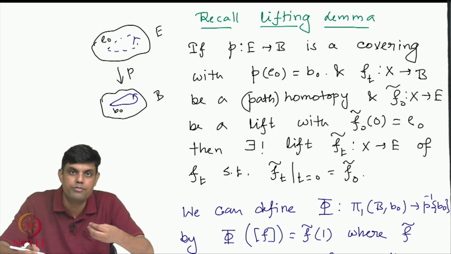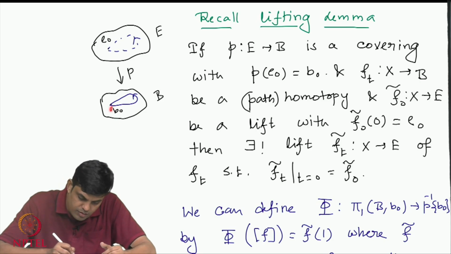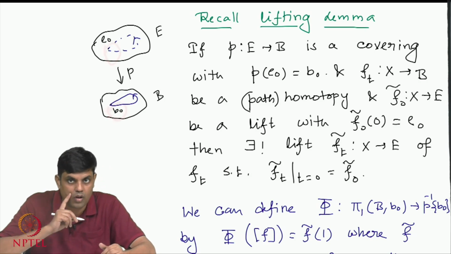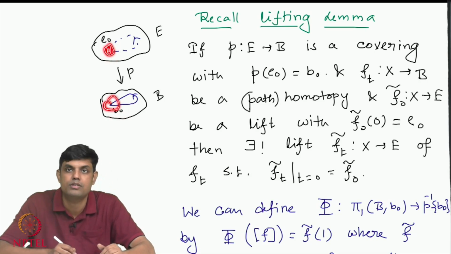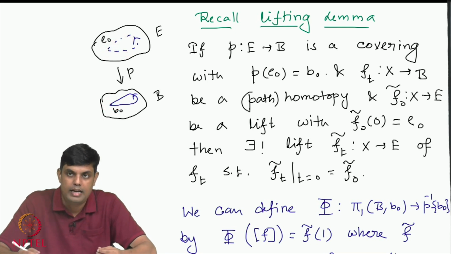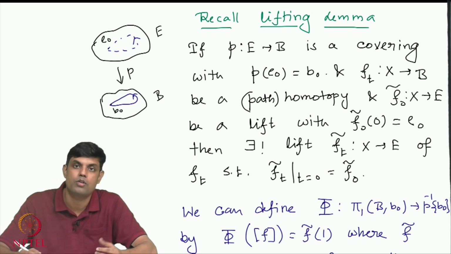For every lift of the point B0 I can do this construction. And once I fix one of the lifts of B0, say E0, this lifting path is unique. And similarly I can do the same thing for homotopy also.